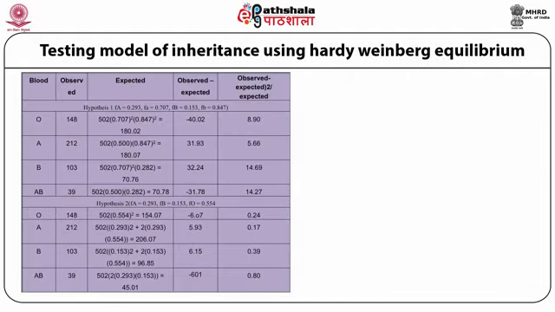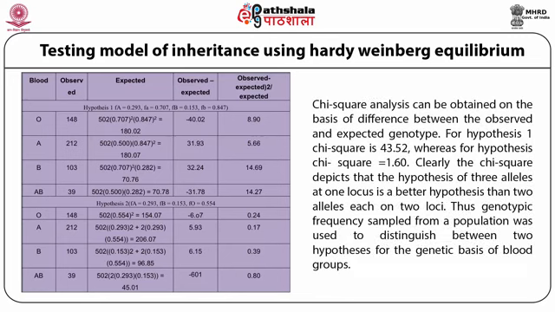The tables given in this slide show the calculation of allele frequencies under both hypothesis 1 as well as hypothesis 2. You can see the chi-square analysis obtained on the basis of the difference between the observed and expected genotypes in this table. For hypothesis 1, chi-square is 43.52, whereas for hypothesis 2, chi-square is 1.6.